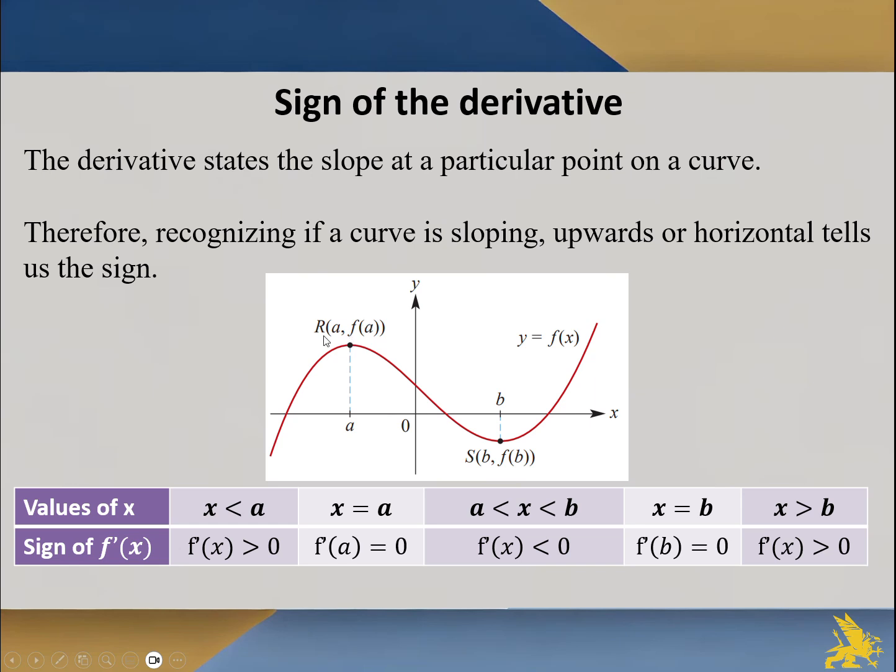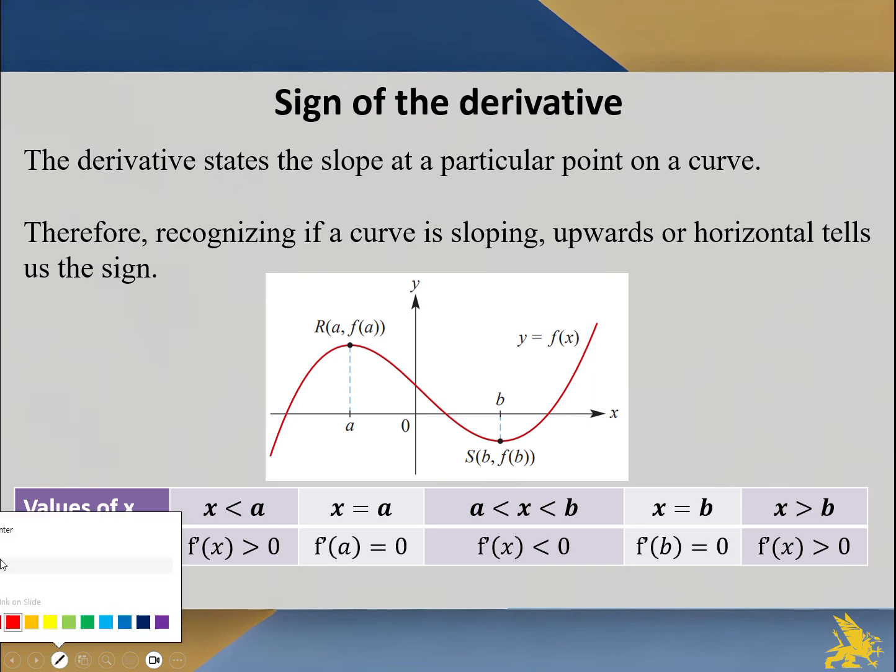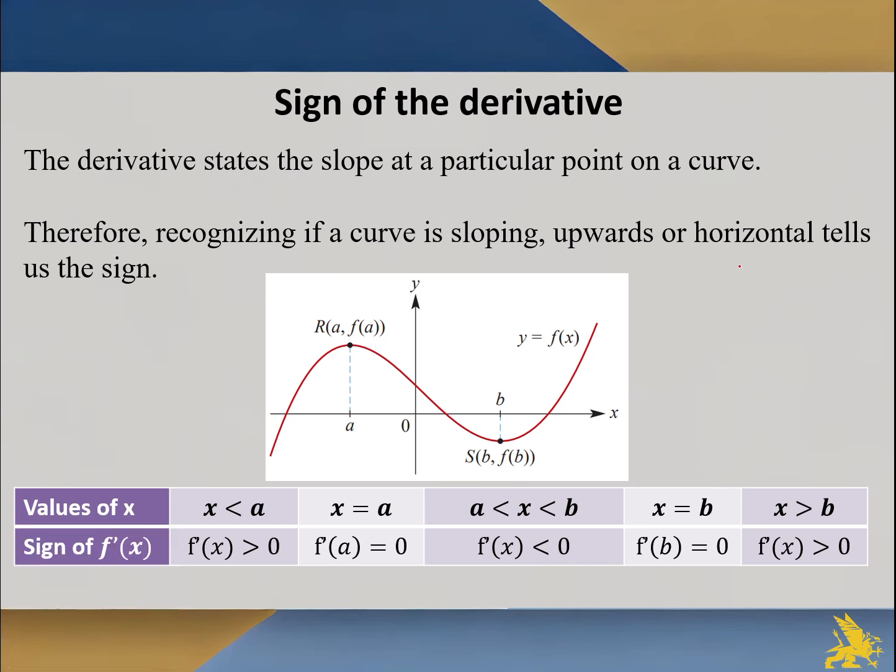Likewise, here and here, at our turning points, our gradient is 0. So if I can basically draw it, our graph is going to be here. So here is going to be my A because it's right here, and here is going to be my B. So they are going to be the intercepts, not positive, not negative.